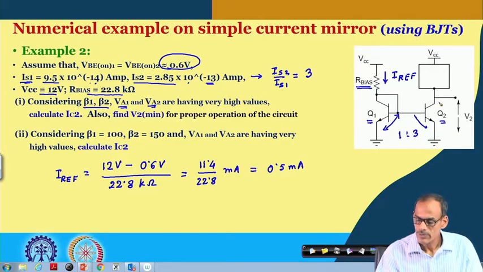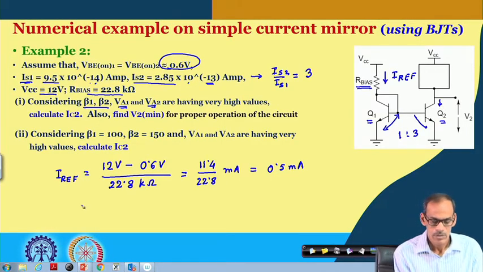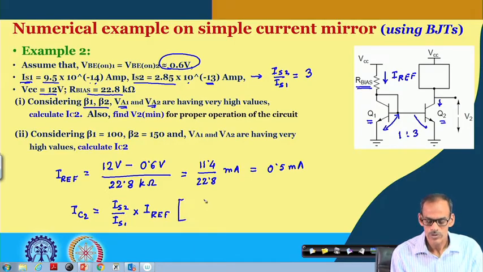So, the current IC2 is given by IS2 divided by IS1 multiplied by this I reference current, and then we have the two non-ideality factors.